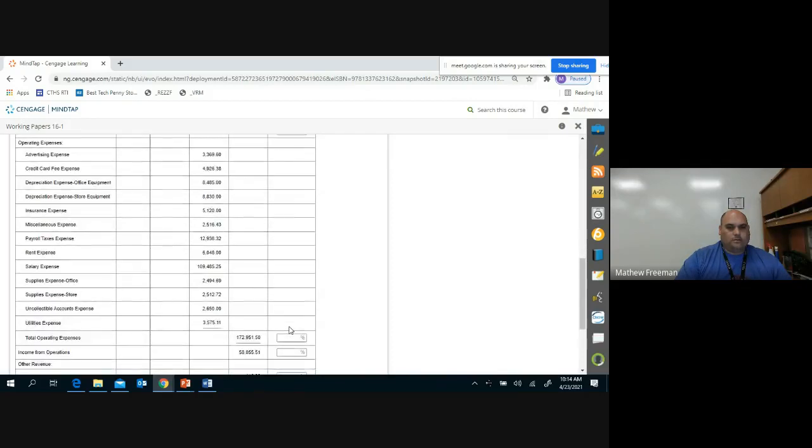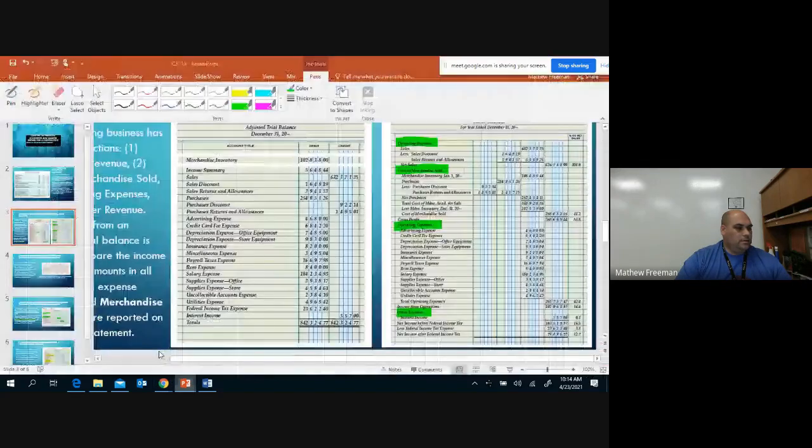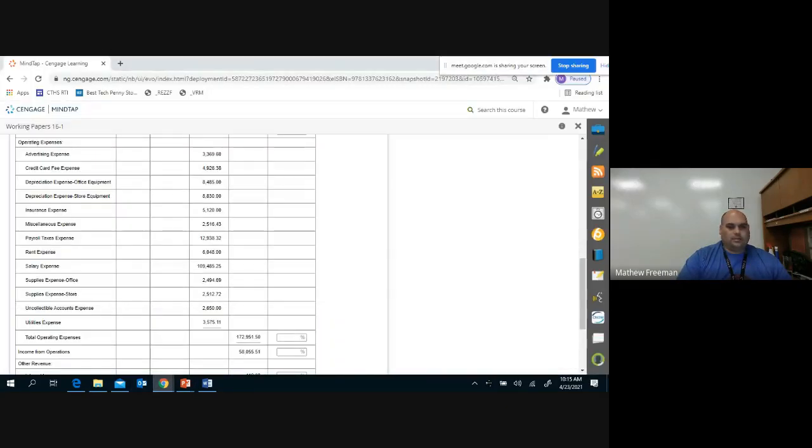Okay. So now what you're trying to figure out is total operating expense and its percentage. And so you're going to take this value and divide it by this value. So you're taking this value, the 172, and dividing it by the net sales.